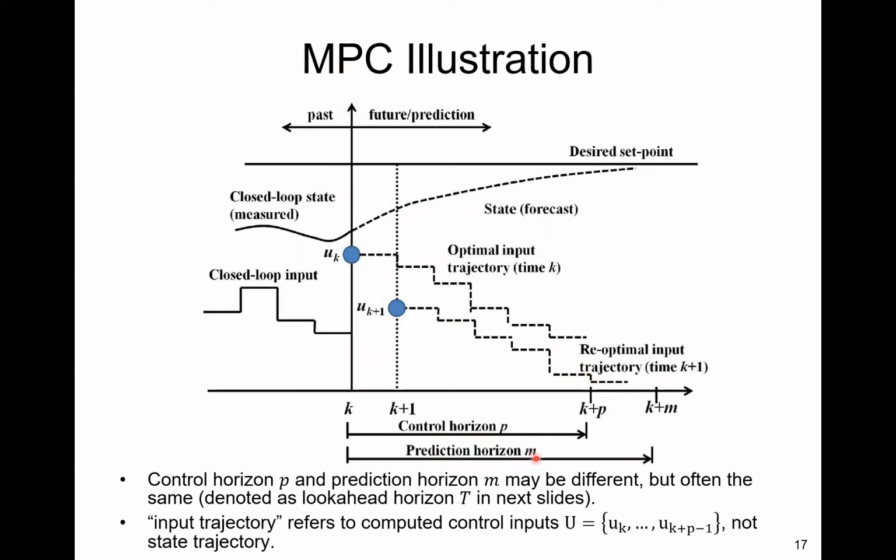So you look ahead for M time steps and compute a series of control inputs for the future P time steps. Typically P is equal to M, that is, the control horizon is equal to the prediction horizon. But it's also possible to have P less than M, as shown in the picture.